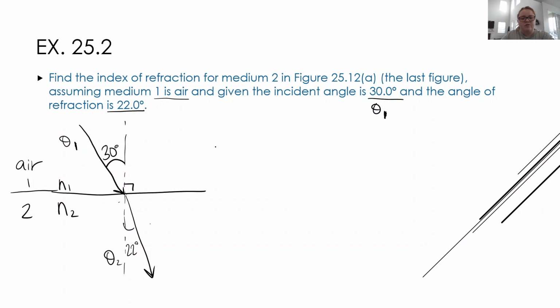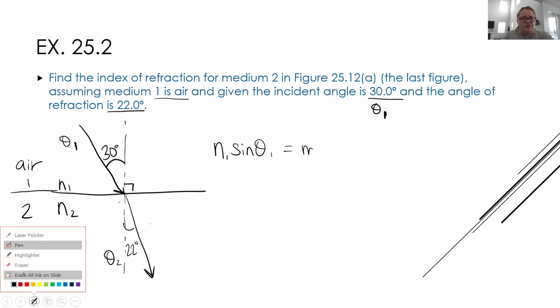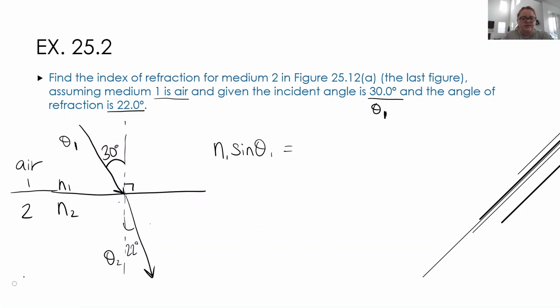Remember our equation, n1 sine theta 1 is equal to n2 sine theta 2.